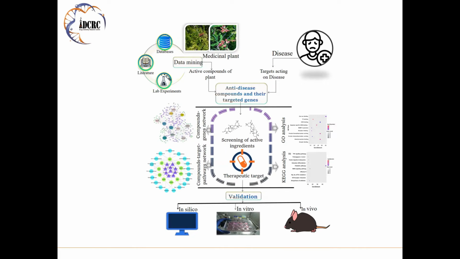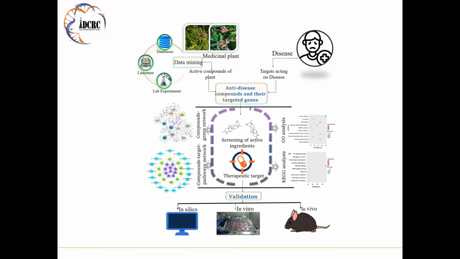Once you have identified these, you can search for the targets of that particular plant in the reported databases, or you can go for the SEA search or the SwissSimilarity server to predict the target of that particular phytoconstituent. Now you have the targets for the plants.